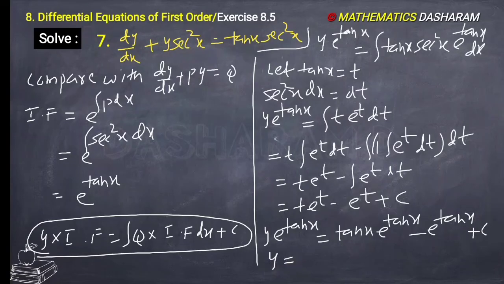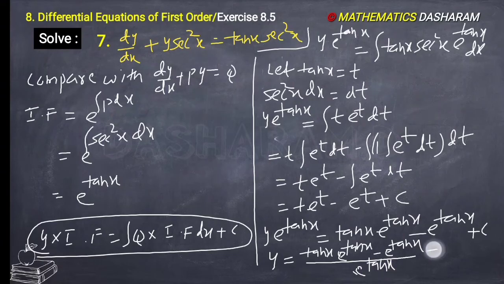Then y equals to, e power tan x transpose to right side. So tan x into e power tan x minus e power tan x divided by e power tan x plus c.